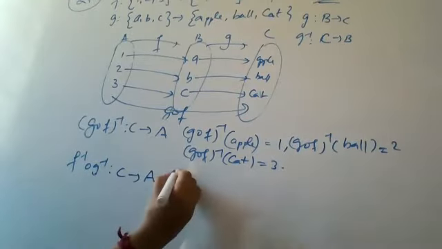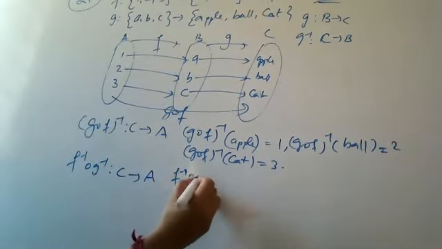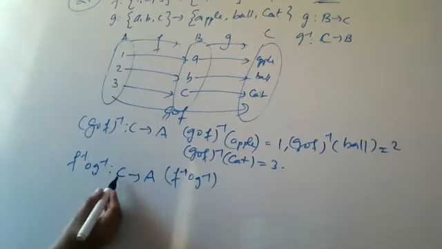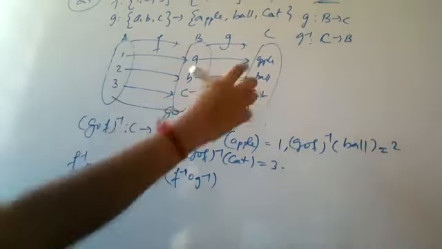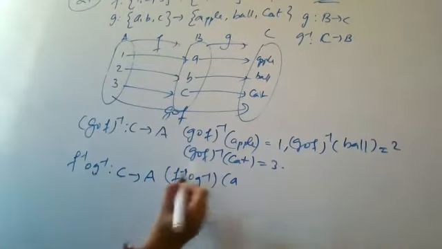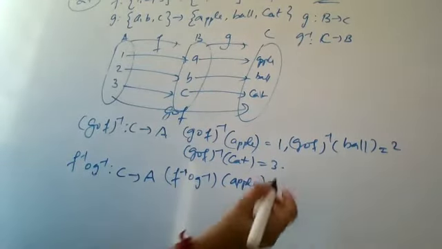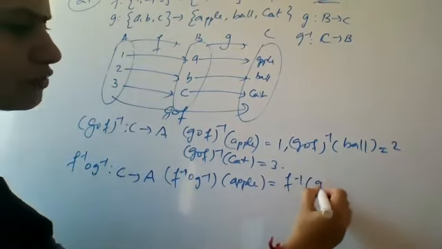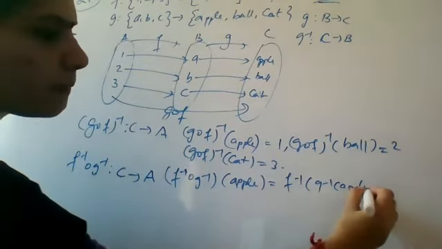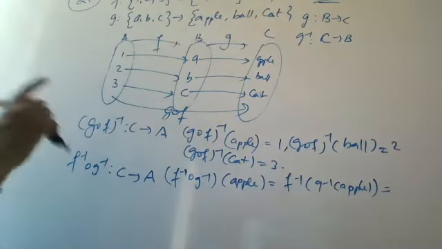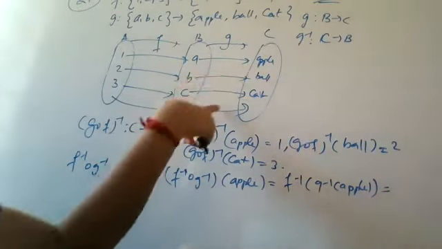Now we will find out what is F inverse composition G inverse. अब यहाँ पे भी आपको elements देखना है, कौन सा set से ले रहे हैं आप? C से, and C is containing apple, ball, cat. So each one we will find out what is F inverse composition G inverse of apple. By definition, it is F inverse of G inverse of apple. What is G inverse of apple? G inverse of apple was, यहाँ देखो यहीं पे मिल जाएगा आपको.